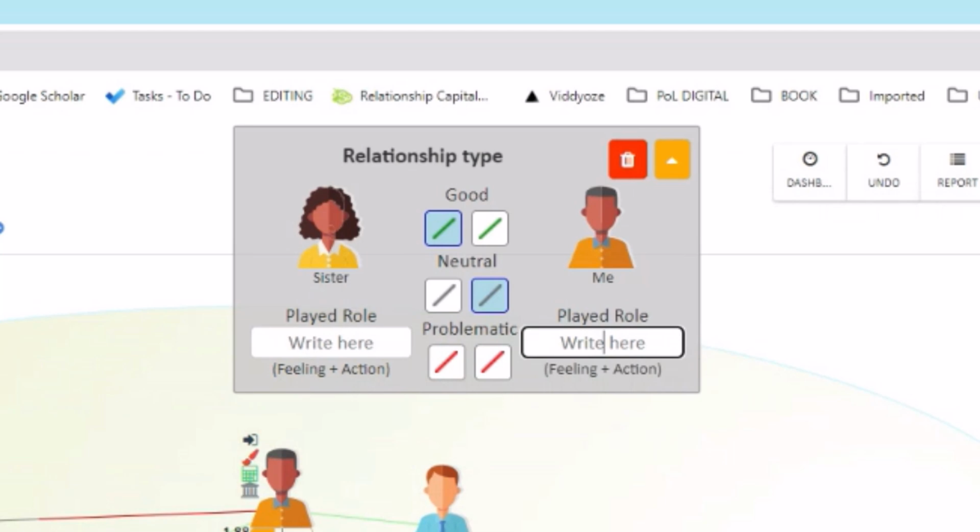Impatient. No, actually, it's annoyed. And the action, what do you do? You're annoyed. Attack, distance, what do you do towards her? Shout at her? No, actually, ignore her.